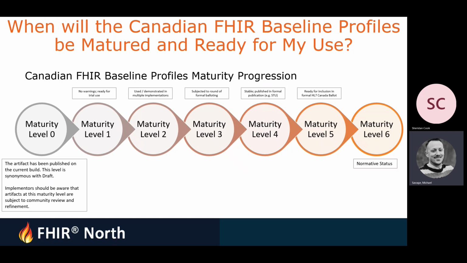So where we're at currently right now is still at maturity level 0, but as Sheridan mentioned, we're well on our way toward maturity level 1 in terms of this progression. And certainly our estimates are no later than winter 2022 that we'll be at maturity level 1. We're actively involved right now in the Canadian FHIR baseline profiles initiative, the workstream itself, on ensuring that, to achieve maturity level 1, the list of baseline profiles are not returning any errors or warnings.